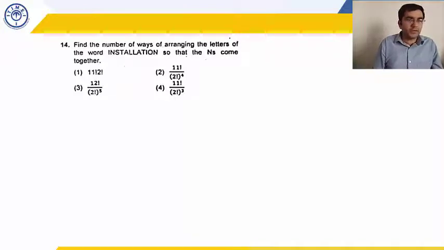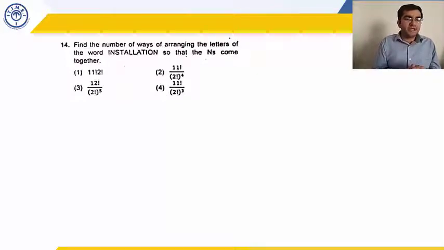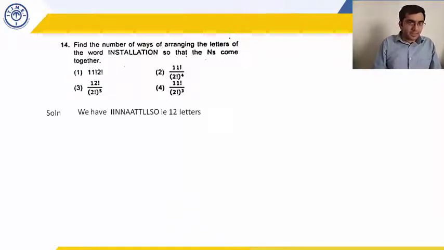Okay, now what do we want? See, we have all the letters already. Now we want to arrange them so that the N's come together. So I have two N's. So let me make one group out of them.